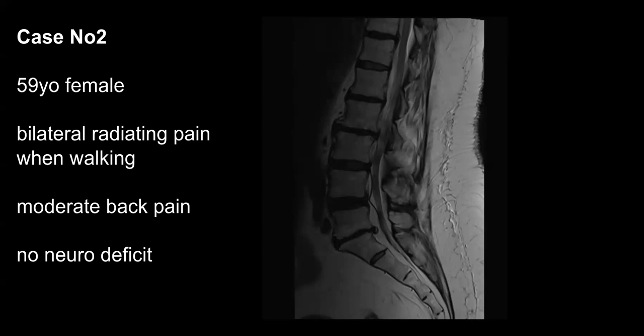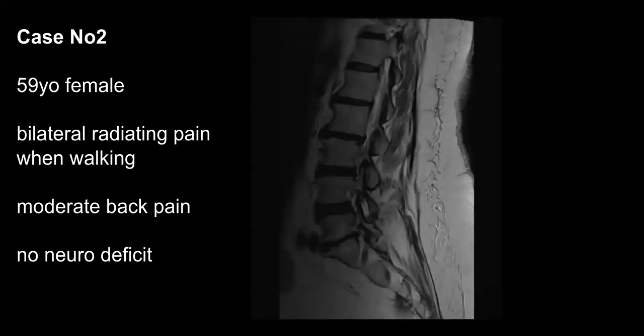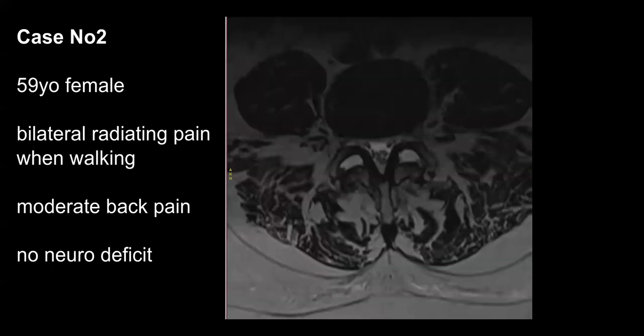This is the MRI. And if you go a little bit to the parasagittal line, here you can see a cut through the facet joint. Again, it's L4-5, and on the other side as well. And this is the axial view.